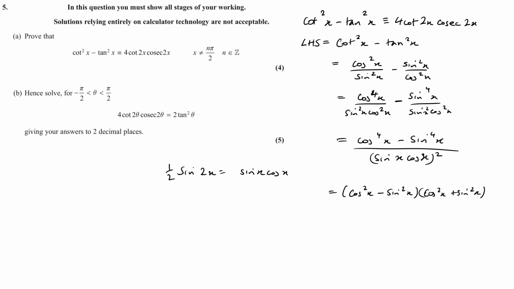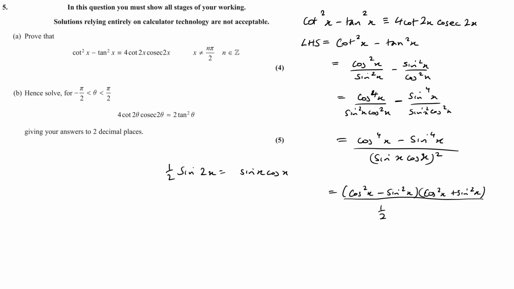Works with all kinds of even powers, but look, cos times cos, cos to the power 4, and then these will cancel. Yeah, cos sine squared and sine cos squared, positive and negative, and then that's your sine to the 4. So that's all nice.